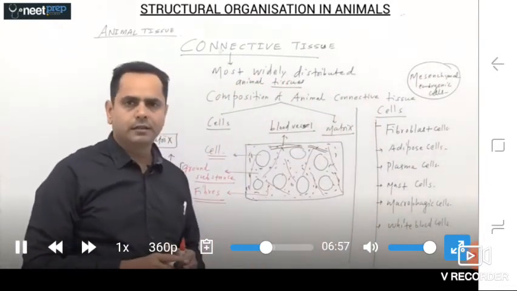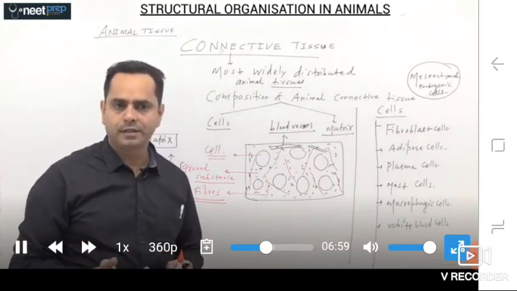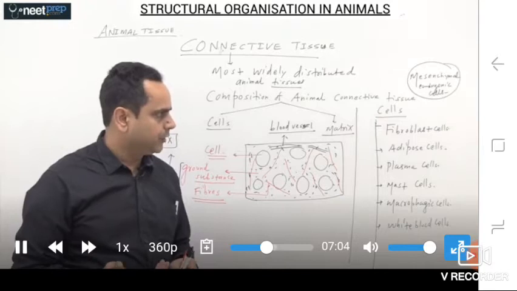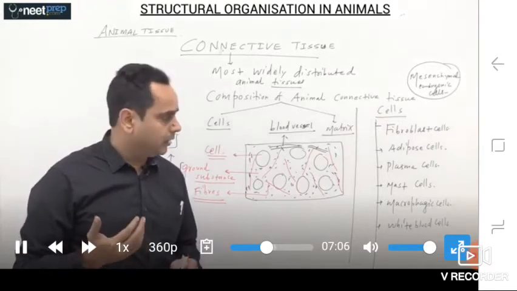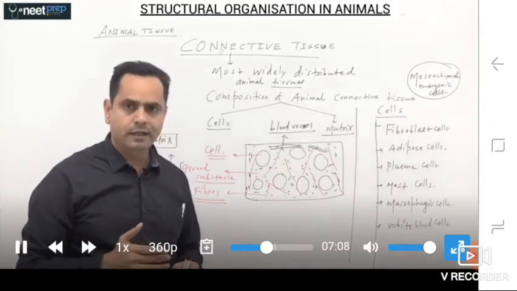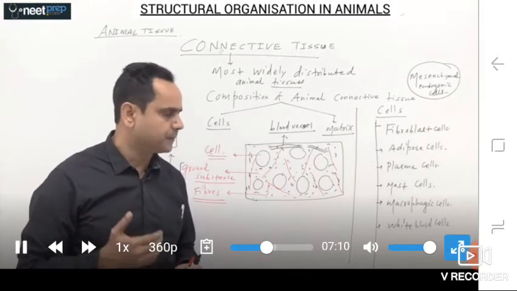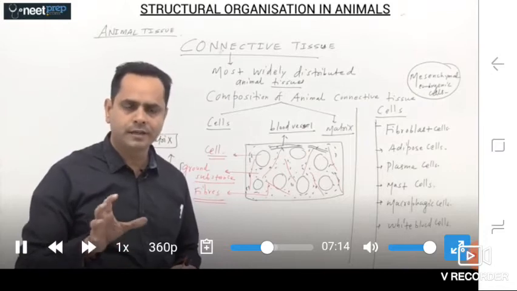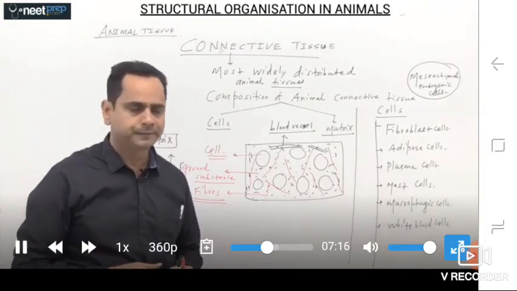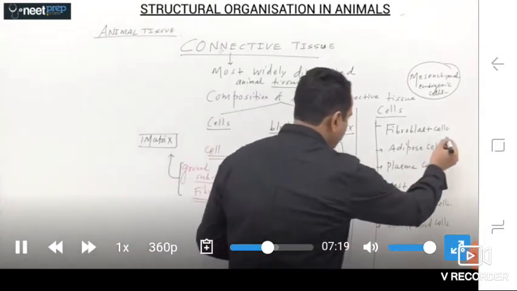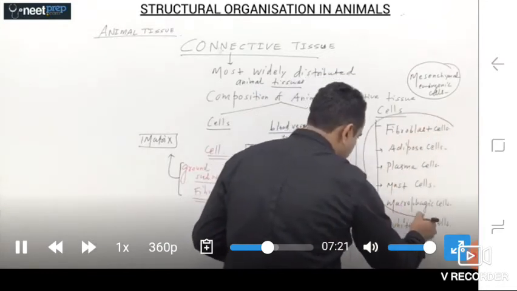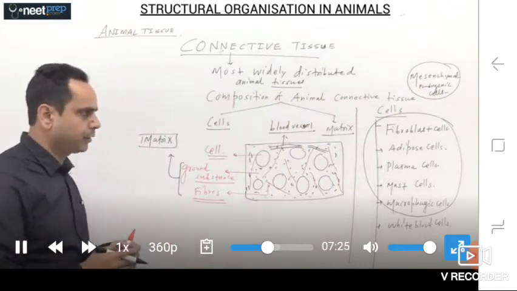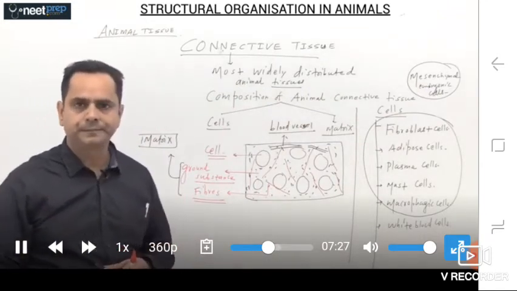Mesenchymal embryonic cells are the kind of undifferentiated cells, immature cells, that further differentiate into different type of adult connective tissue cells like fibroblast cells, adipose cells, plasma cells, mast cells, macrophagic cells, and even some different type of WBCs. But basically, the 5 most common cells are fibroblast, adipose, plasma cells, mast cells, and macrophagic cells. That's right.